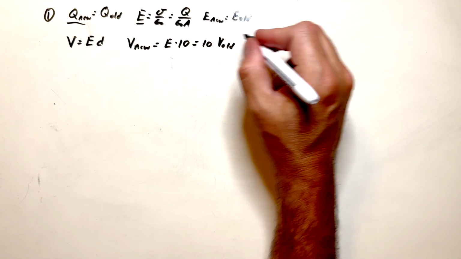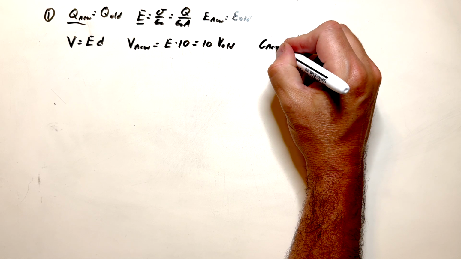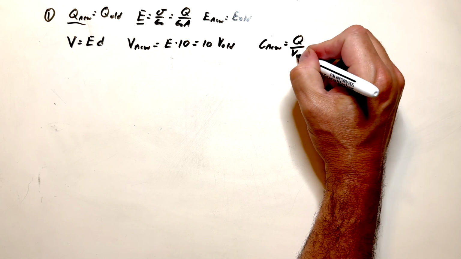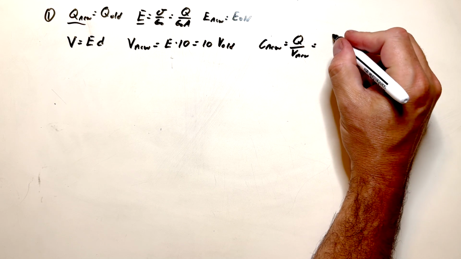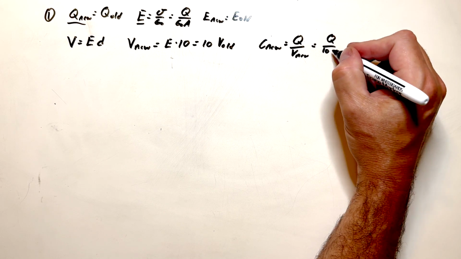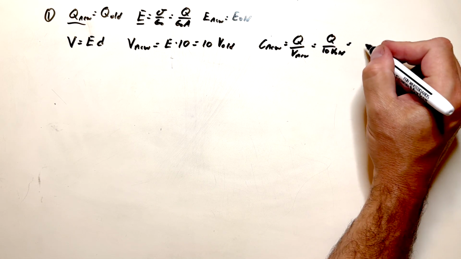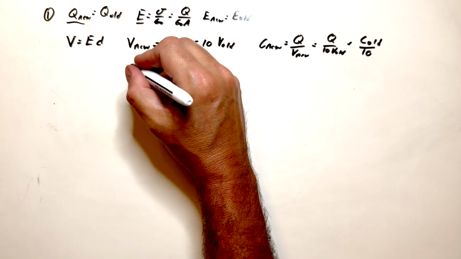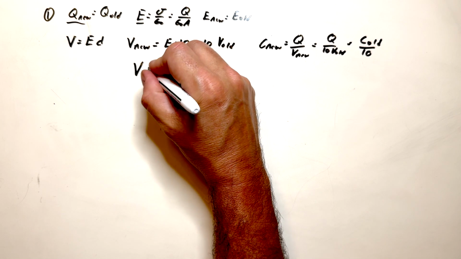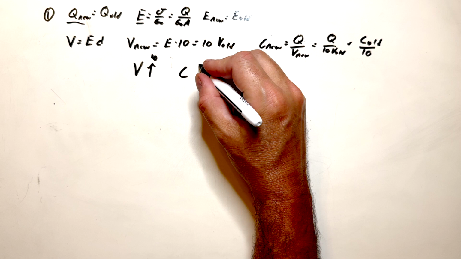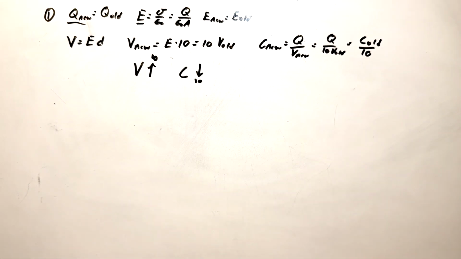Also, C new, the capacitance, will be equal to the charge, which doesn't change, divided by V new, which is equal to the charge divided by 10 times V old. So that's equal to the old capacitance divided by 10. We can summarize this by saying the voltage increases by a factor of 10, and the capacitance decreases by a factor of 10. And so that would be the scenario for number 1.